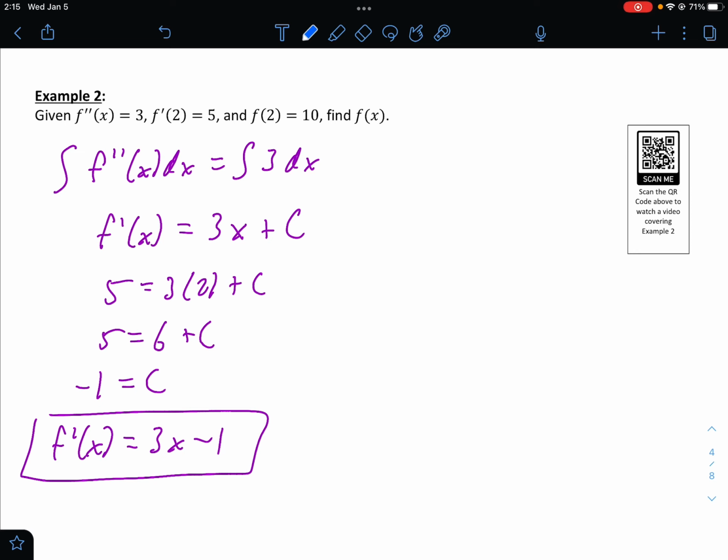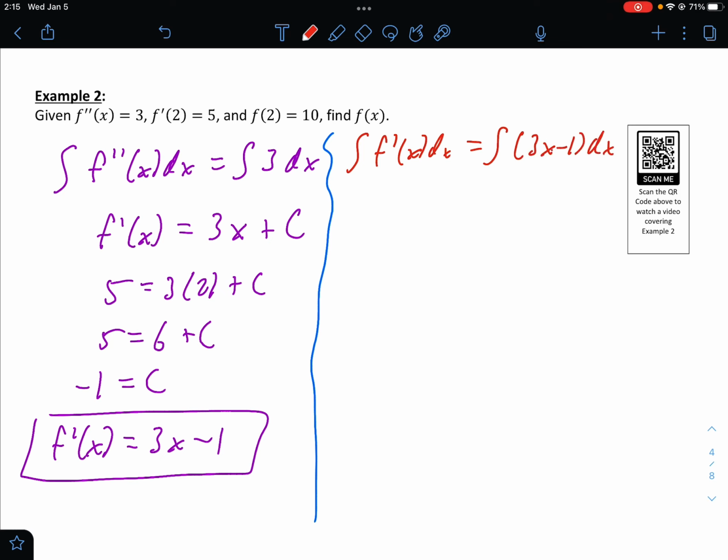And if I repeat that process, so if I take the antiderivative of f prime of x dx equal the antiderivative of 3x minus 1 dx, I would get f of x equals 3x squared over 2 minus x plus c.